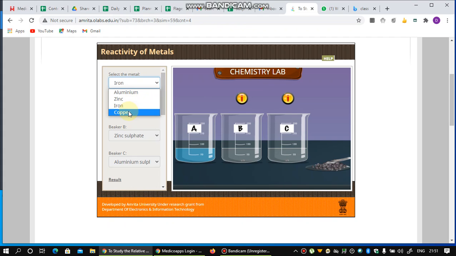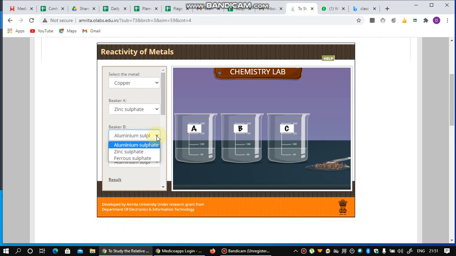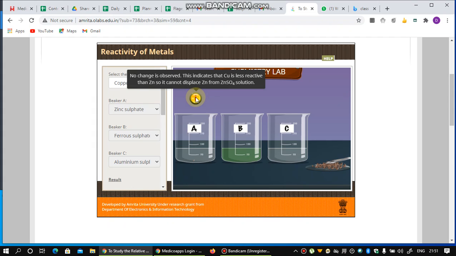Next metal, we take copper. Beaker A, it was having the zinc sulfate. So what happens after an hour? No change. Why?